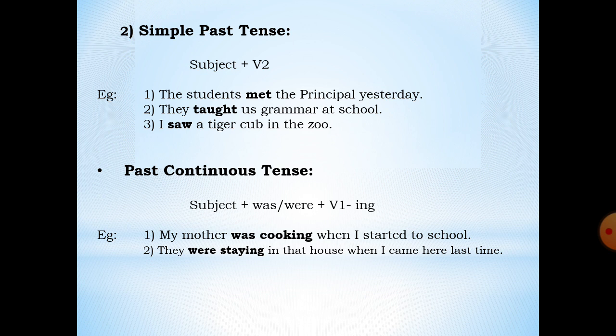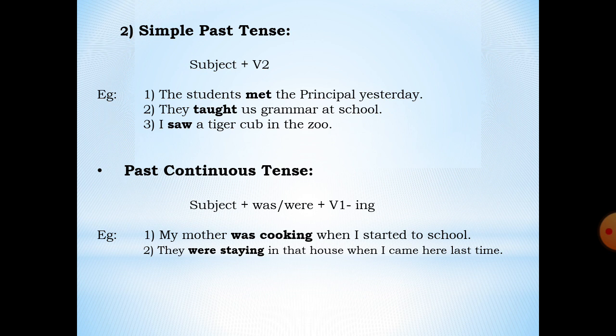Second sentence, they taught us grammar at school. They is a pronoun or subject and taught is the past tense of teach. Third sentence, I saw a tiger cub in the zoo. I is a subject and saw is the past tense of see.